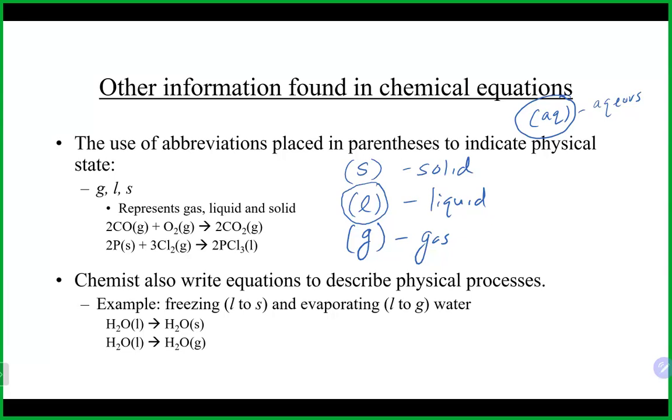But the difference between a liquid and something that is aqueous is a liquid is just a pure substance by itself. So there's nothing else with it. An example of a pure liquid would be just water by itself. Something that's aqueous, you take something like a pure liquid, like water, and you can mix it with something else like sodium chloride, which is a solid.